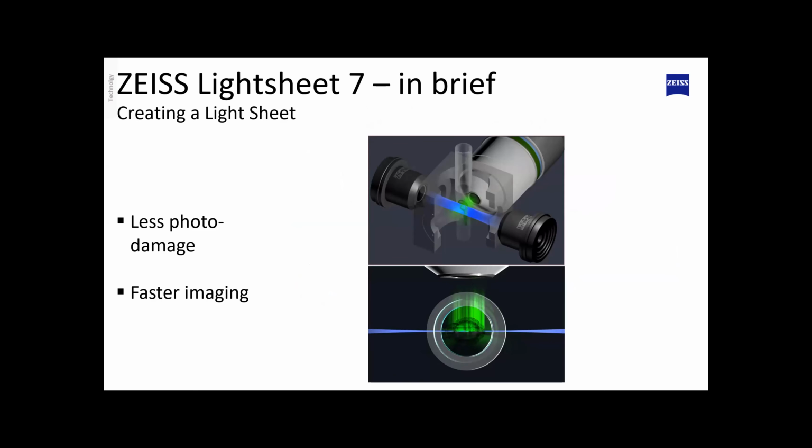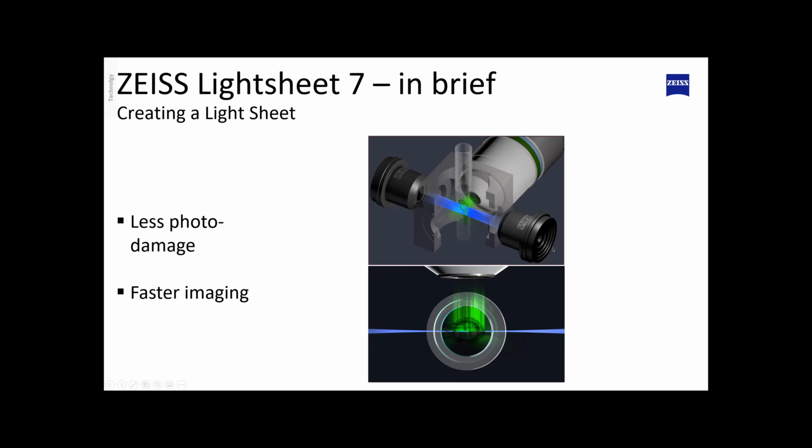This is the setup, how it looks in our system. There's a detection chamber in there, and Damien from Translucence will go into a little bit more detail about different models and ways to put your sample in there and accommodate very large samples. But here you see you have a detection objective. This is a water dipping objective that interfaces with the aqueous media within this chamber, and you have not one, but two light sheet forming objectives.